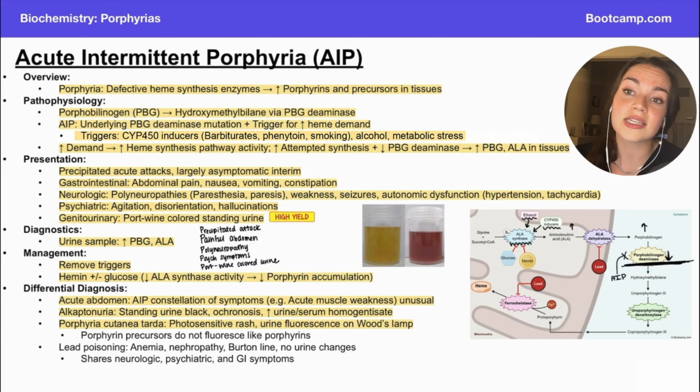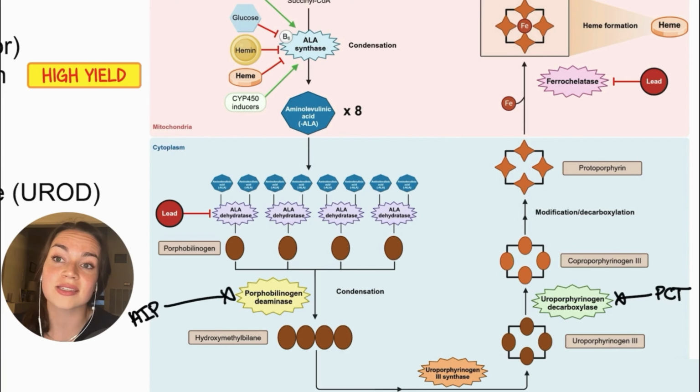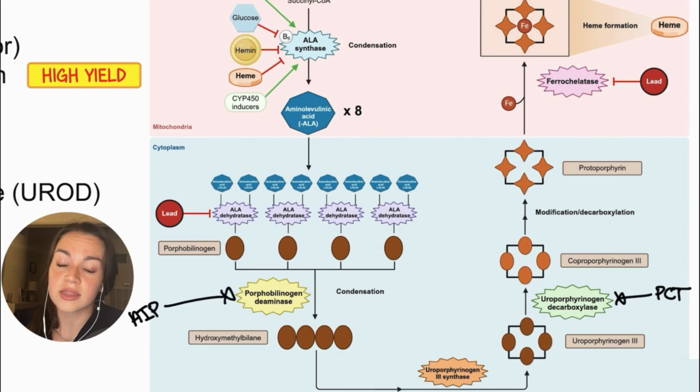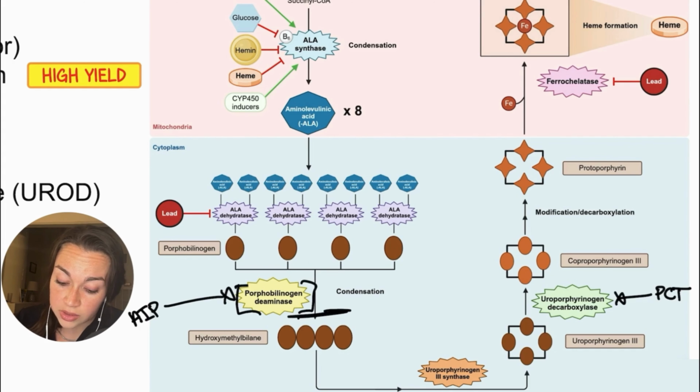The reason why PCT urine fluoresces under Wood's lamp and AIP urine does not is because porphyrin precursors do not fluoresce like porphyrin. Remember, in order for a heme synthesis intermediate to technically be a porphyrin, it has to be this four-subunit ring. In AIP, the deficient enzyme is PBG deaminase. All the precursors that build up upstream of that, porphobilinogen and ALA, none of those are technically porphyrins, right?